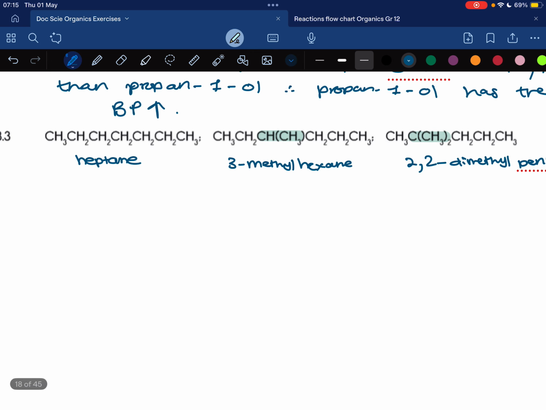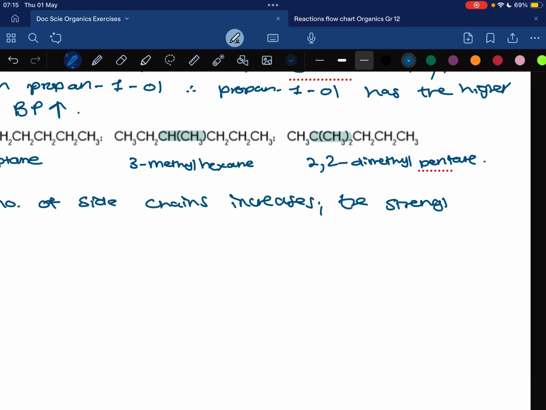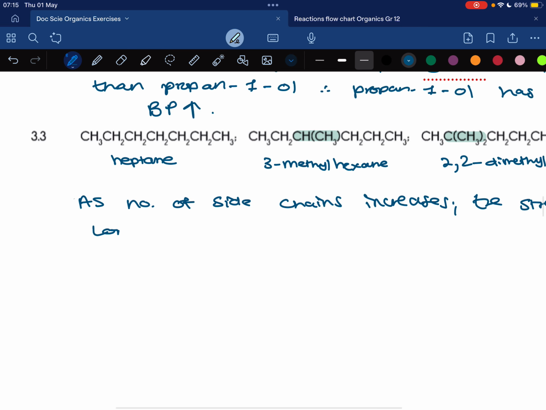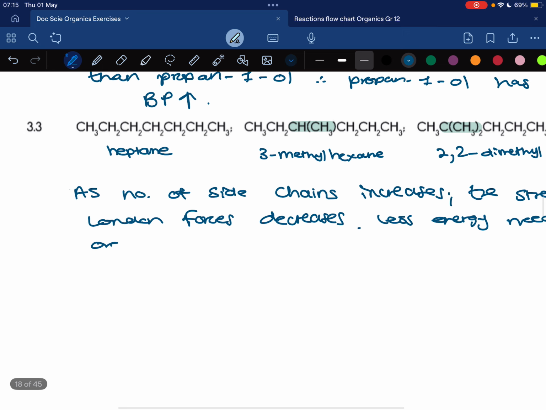Okay, so as the number of side chains increases, the strength in London forces decreases. Okay, therefore less energy needed to overcome these forces.